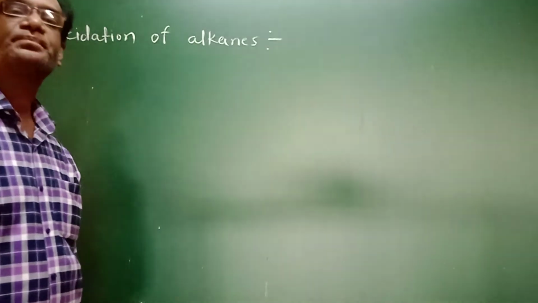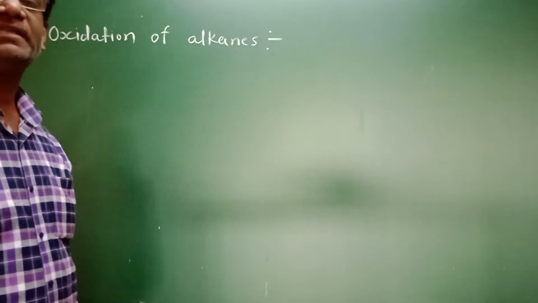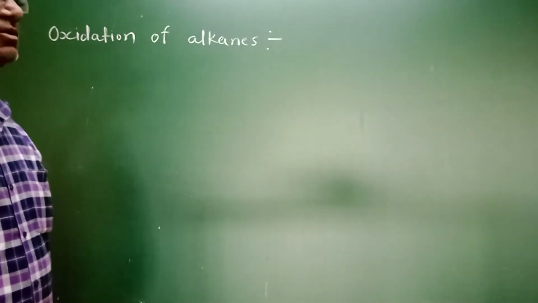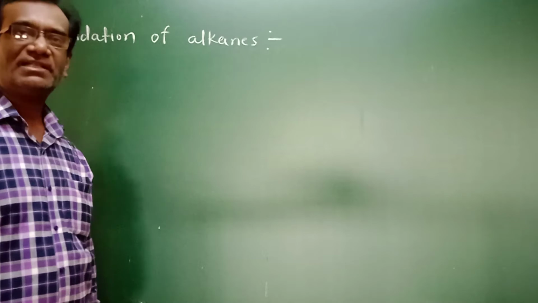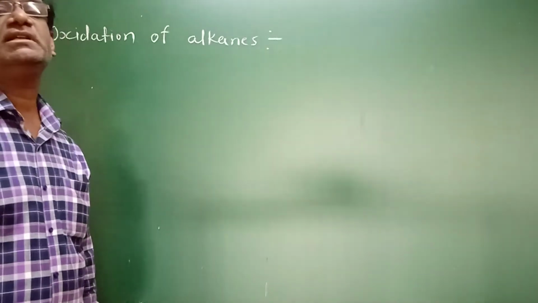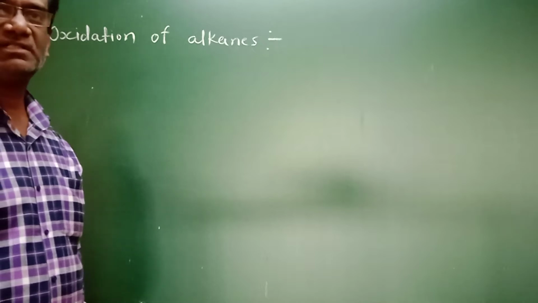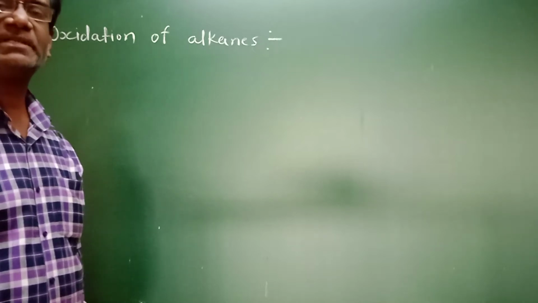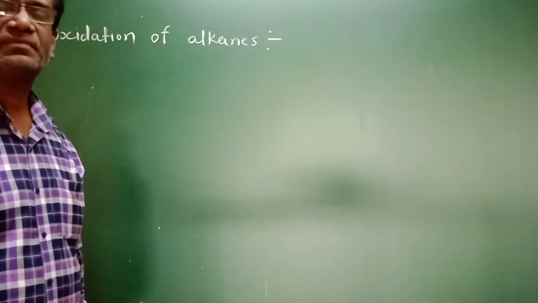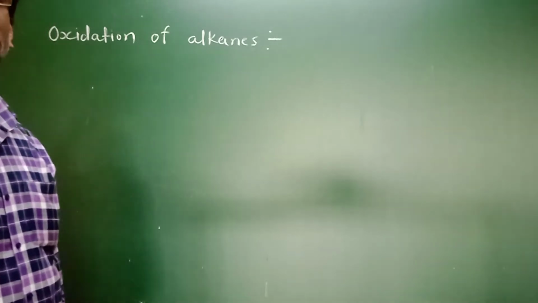Today let us see the oxidation of alkanes. You already know what is meant by oxidation. When any compound reacts with oxygen in the presence of a suitable catalyst, it undergoes oxidation to form the corresponding product.